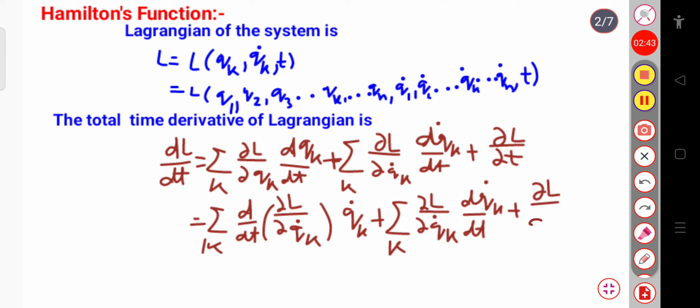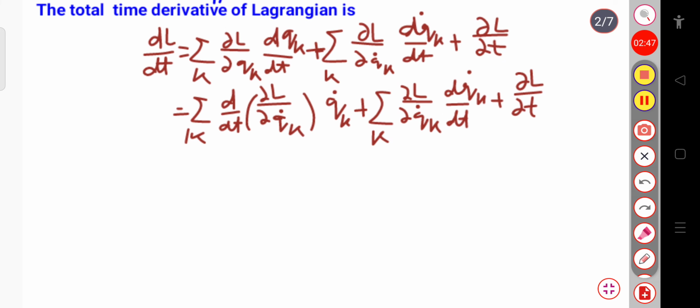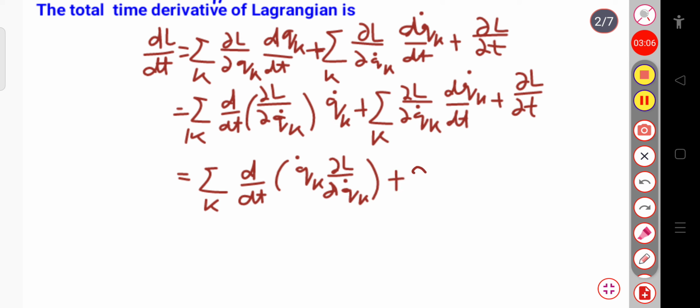Now from this expression you can see for the first and second term, if I write them combinedly, this will be sum over k d by dt of qk dot into dou L by dou qk dot. You can check, this plus the last term, that is dou L by dou t.